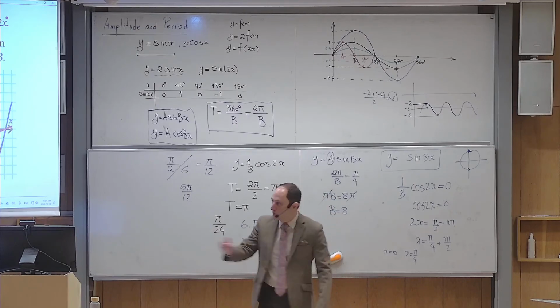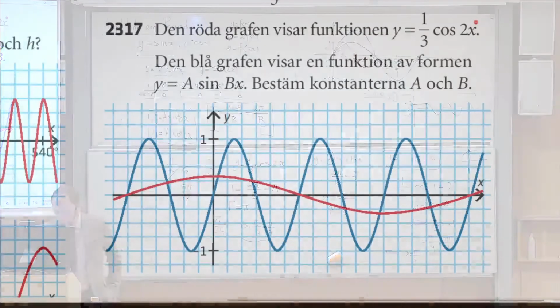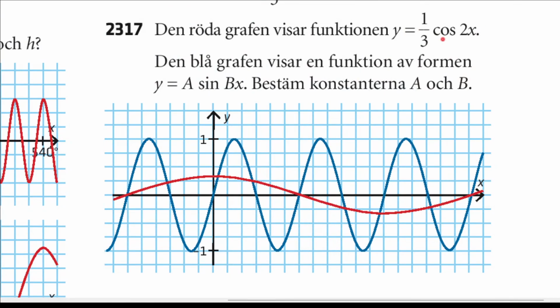Okay? And then you go back to the picture. So what is happening here? This is the smallest positive value here. You see, this red curve has this. This is the smallest positive root of the red curve, and we calculated it to be pi over 4.